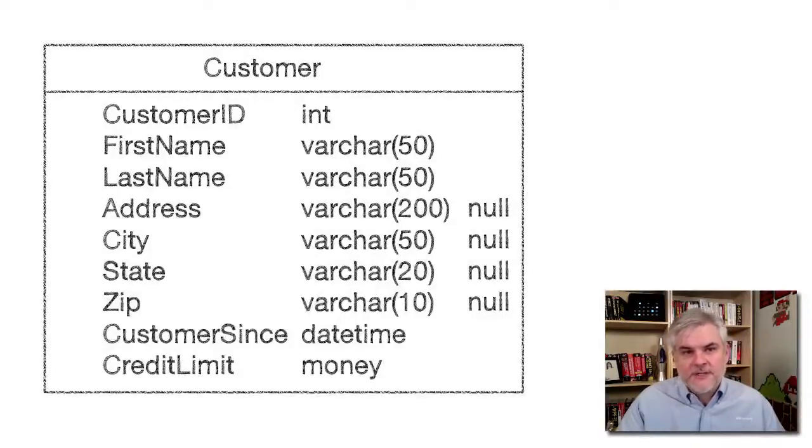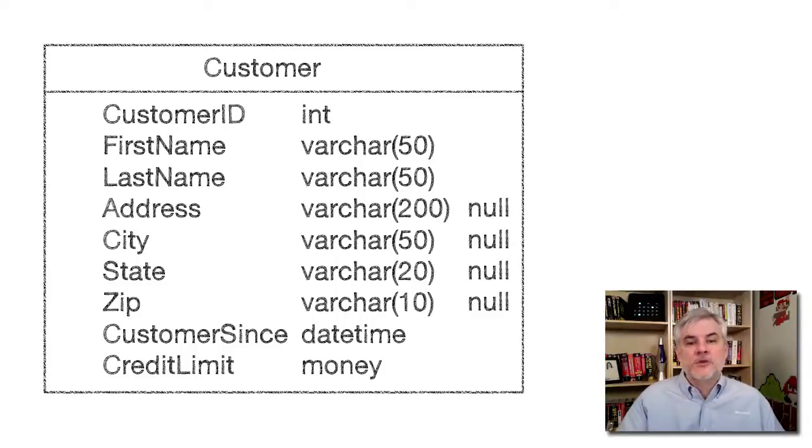So to enforce these rules, as developers, we would define fields like address, city, state, zip to be nullable fields. These fields do not have to be supplied. The data does not have to be supplied in order for a record of data to be successfully saved into the database.